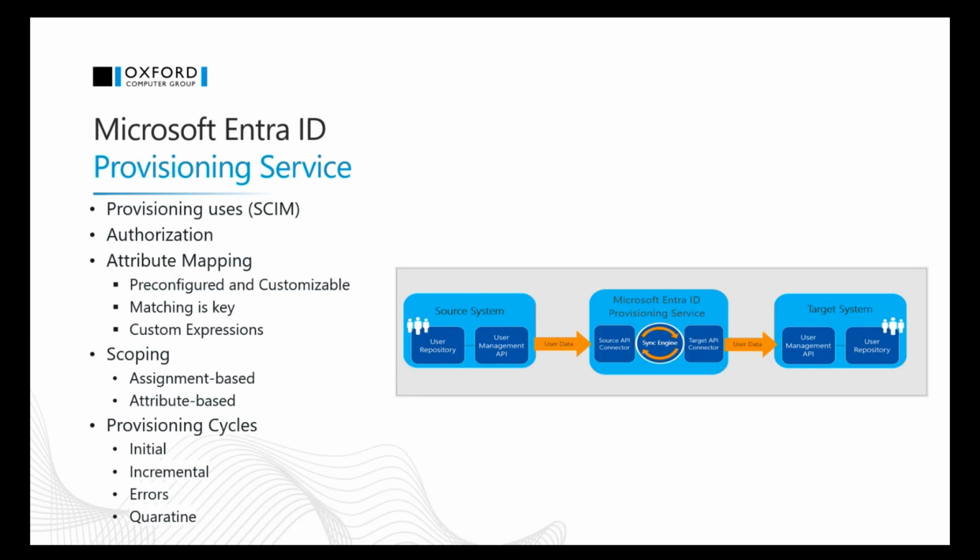So if you do fix it, it'll eventually retry and it will correct itself. But there also is the idea now of quarantine. So if you have consistent failures, or maybe the target service is down, or you have bad credentials, your sync cycle is going to go into a quarantine mode, and it's only going to sync once a day until it's fixed.